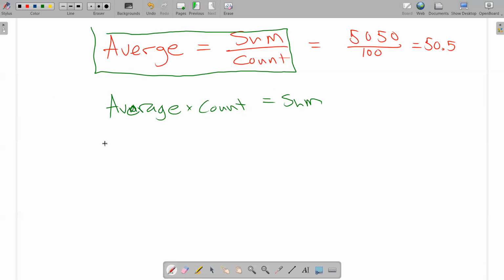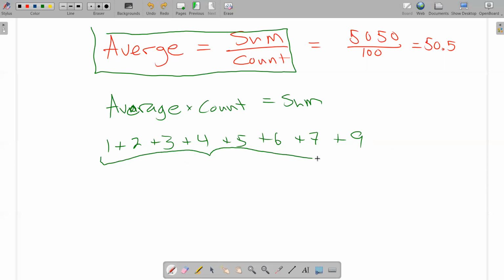So if I happen to have an equally spaced list of numbers like I had a moment ago, let's pick a different one. Suppose I had 1 plus 2 plus 3 plus 4 plus 5 plus 6 plus 7, let's go up to 9. And I wanted to know what is that sum? Well, I could just take the average value, and a shortcut for the average, because these numbers are equally spaced.